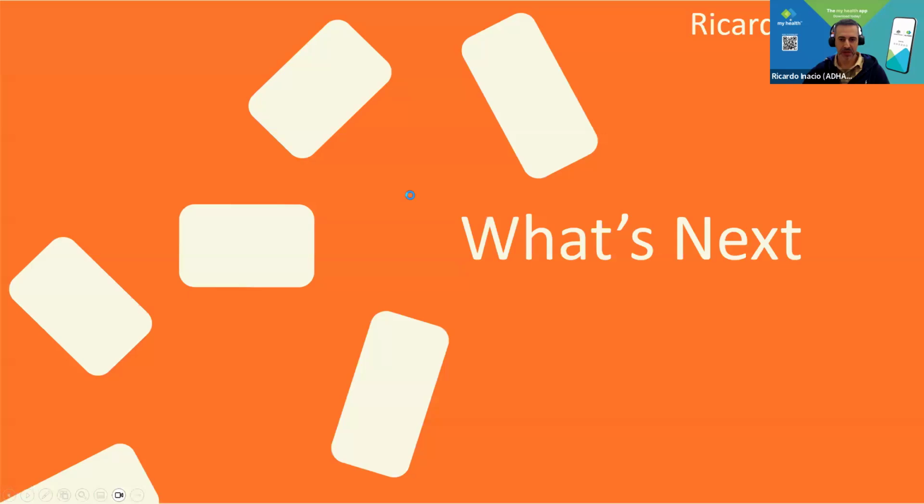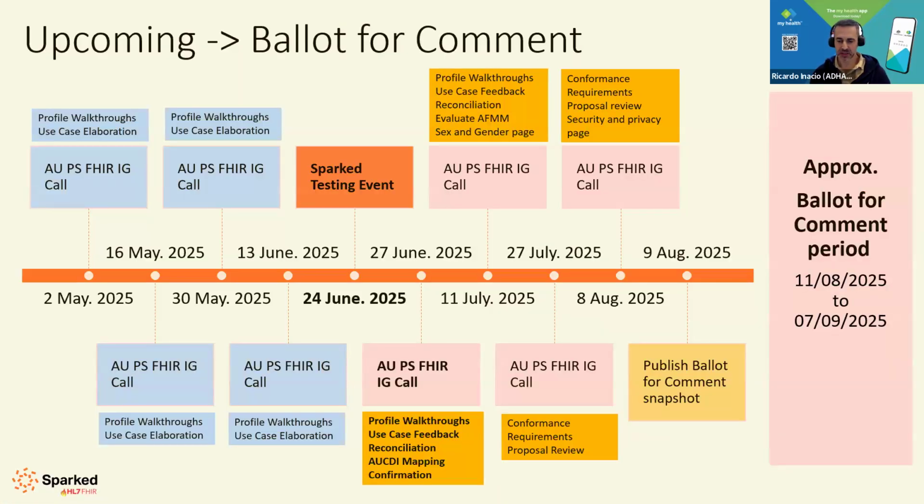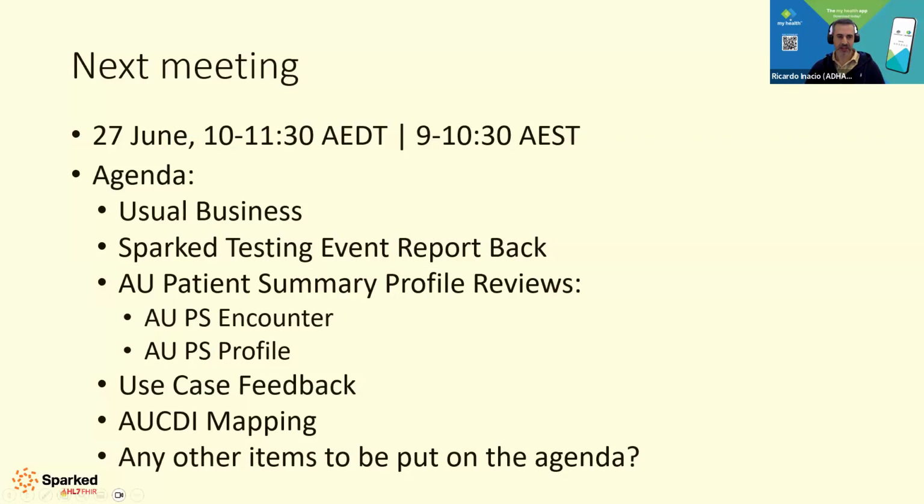All right. With the time that we've got left, we'll just quickly go through the next steps. Again, just a quick reminder of what we're working towards in terms of timeframes and the key milestones we still have ahead of us. We'll have the next meeting in our calendar scheduled for the 27th of June.